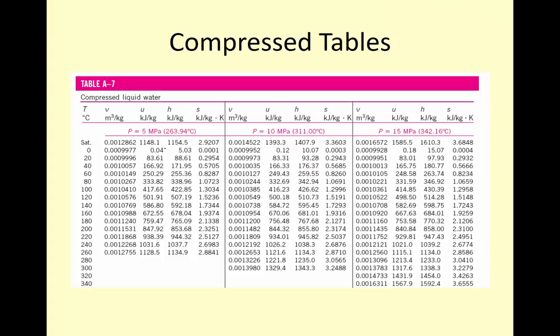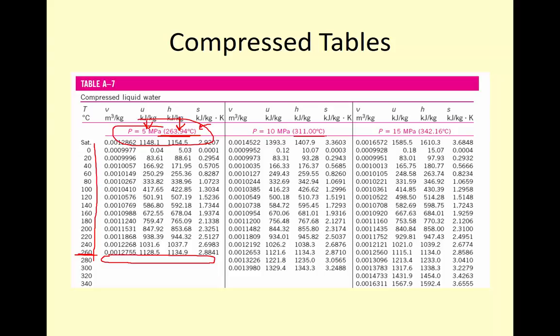The compressed liquid tables, as seen before, give us a pressure and then also the saturation temperature. So if we're lower than this saturation temperature, then we know that we're a compressed liquid. You can see that the column doesn't continue beyond 260 because 260 is the last number that's lower than this saturation temperature.